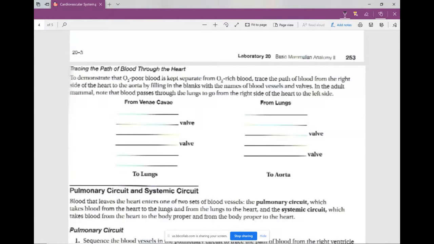So from the vena cava into the right atrium, it has to pass through a valve, which is the tricuspid. Remember, reverse alphabetical order. Cuspid. No S there. Cuspid valve. Into the right ventricle.